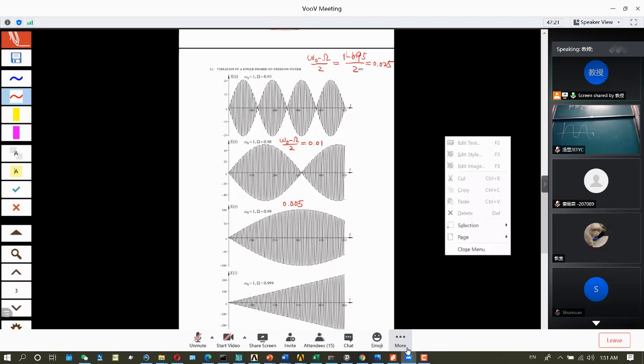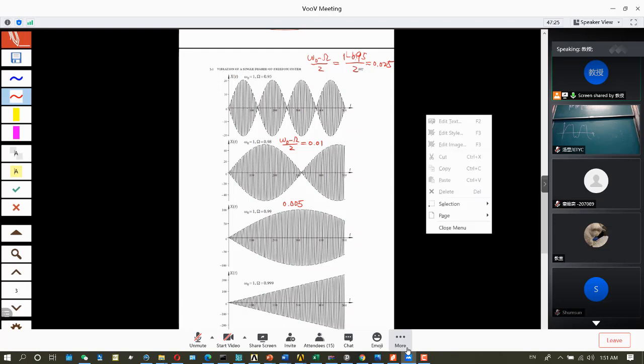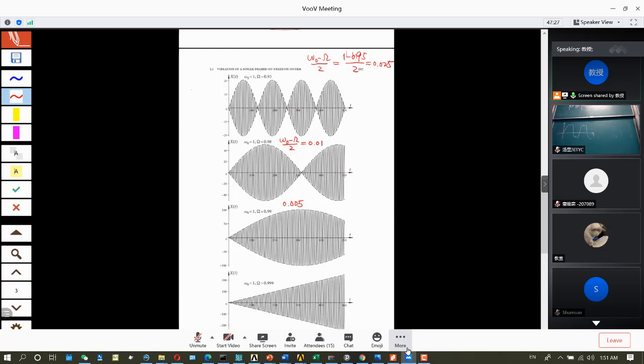Okay, so when you have two frequency components, you would have something like this, and it's called beat. 中文叫做节拍. Okay, so if you have two frequencies very close, it looks like this.